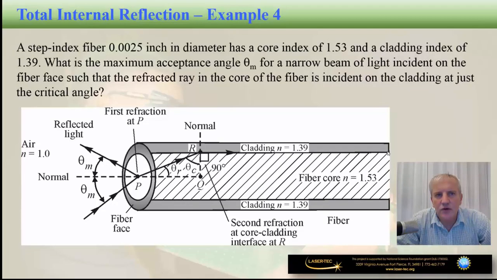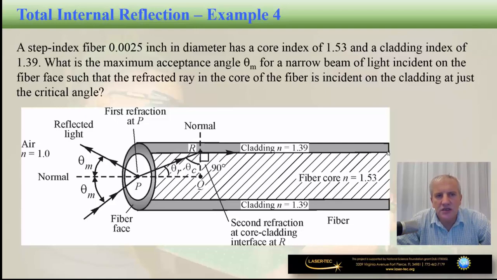In this example 4, we have another mathematical problem to be solved that is using the phenomenon of total internal reflection. We are here analyzing an optical fiber with a few important parameters to be used to figure out what is the critical angle.